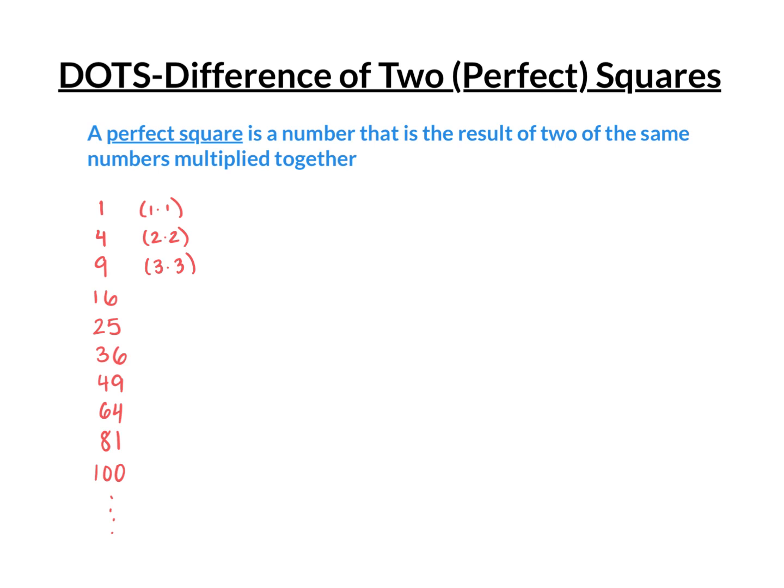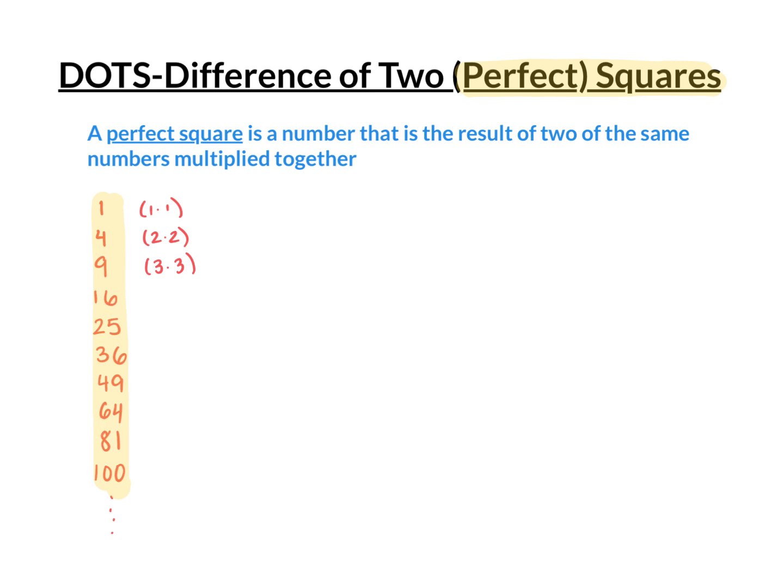I could keep going. 11 times 11, 12 times 12. So this perfect square list is just these numbers here, right? The numbers that are the result of two of the same things being multiplied together. So when we factor using a difference of two perfect squares, we're going to need to be able to recognize what those perfect squares are.